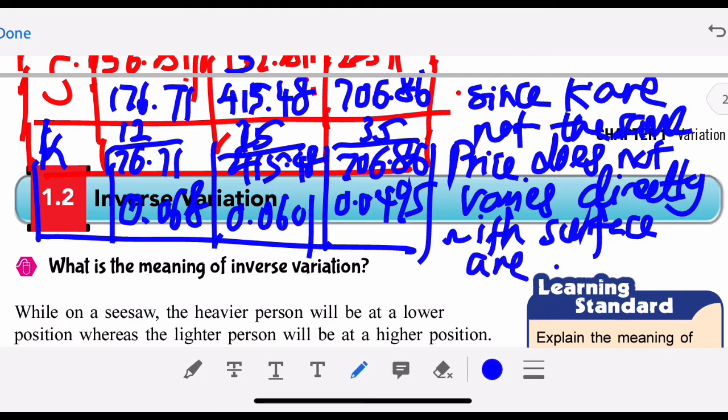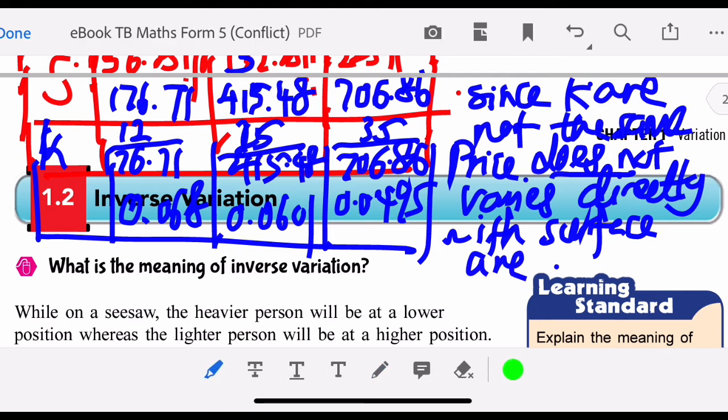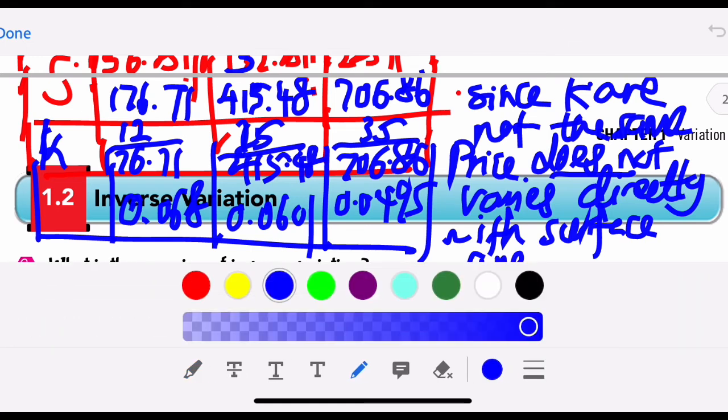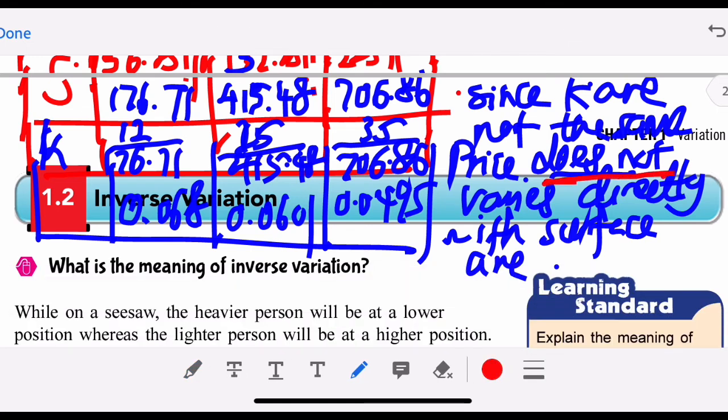Okay, does not. So that's how you support your answer, by finding the constant. If you find the k, they are not the same, that means it does not vary directly.